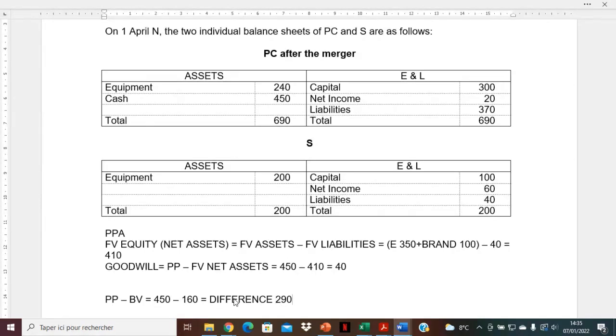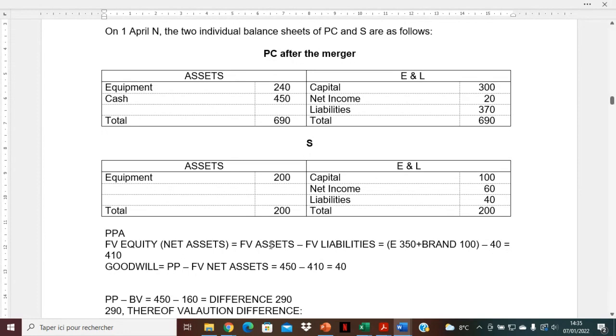Now this difference relates to part 2, and that's what I will deduct. So I have a difference of 290, excuse me, 290, and thereof I have a valuation difference of how much?